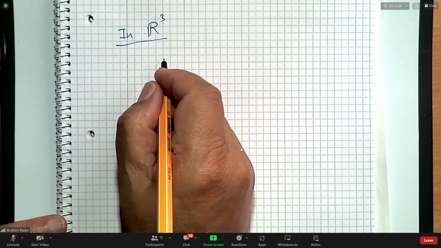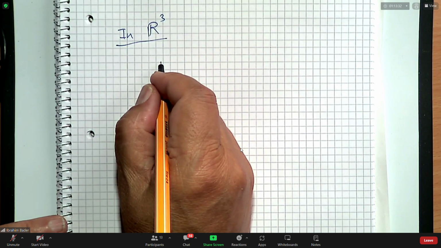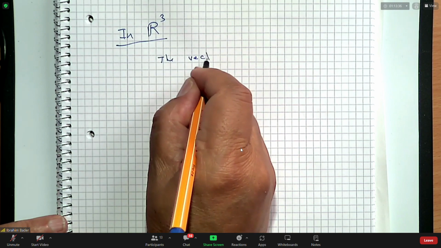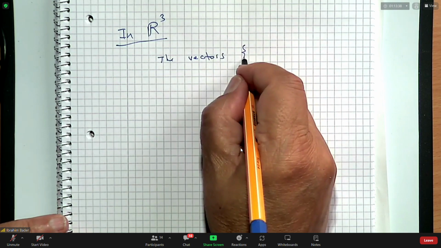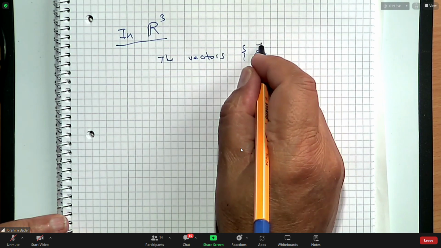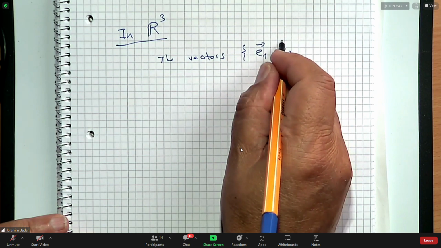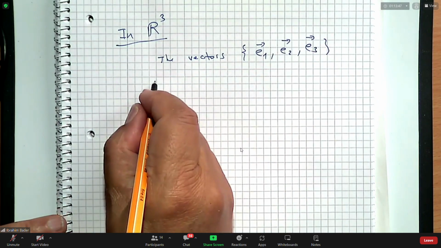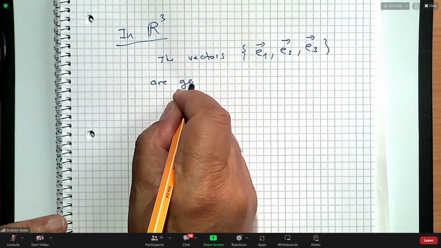Now we assume here that the vectors E1, E2, E3 are a generating system.